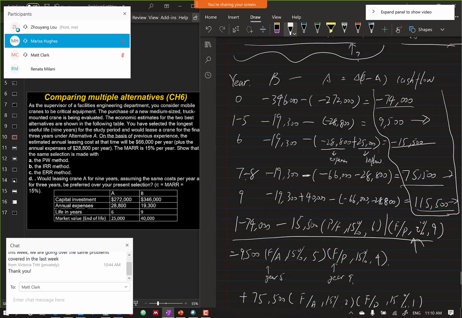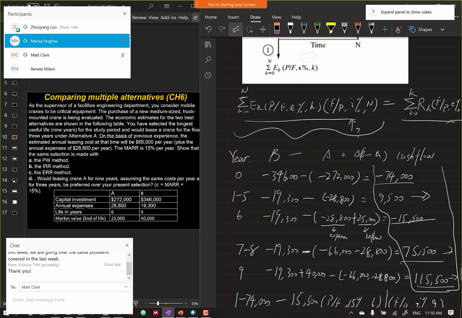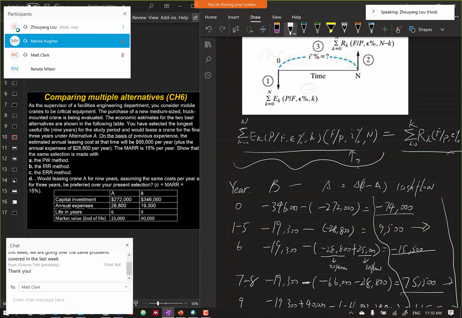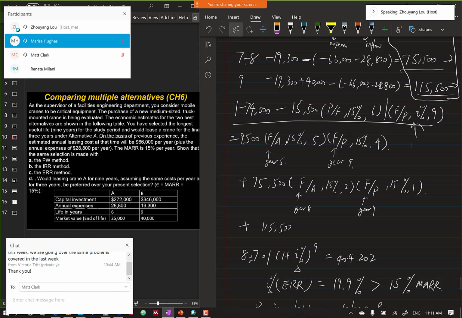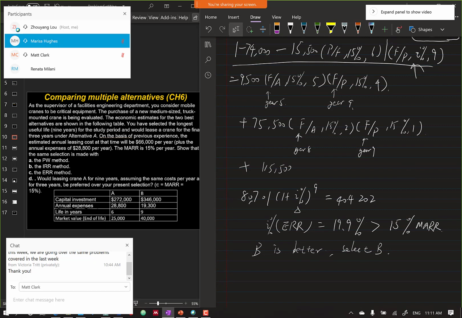So we put all the expenses to the present and put all the net revenues to the future, and with the extra factor we need to calculate, which brings the present net expenses to the future, and calculate what is that interest rate. And that's the idea behind it. And I think we are done for the ERR method.